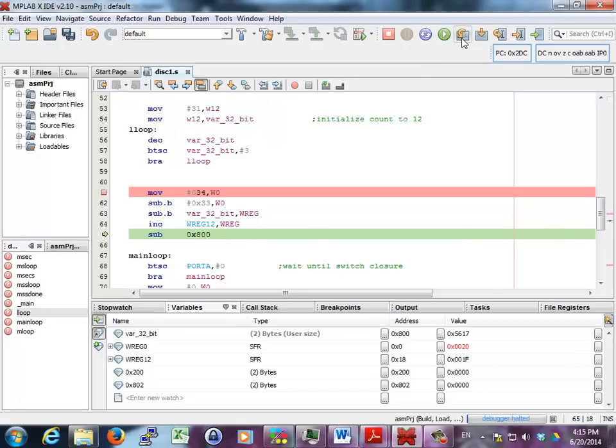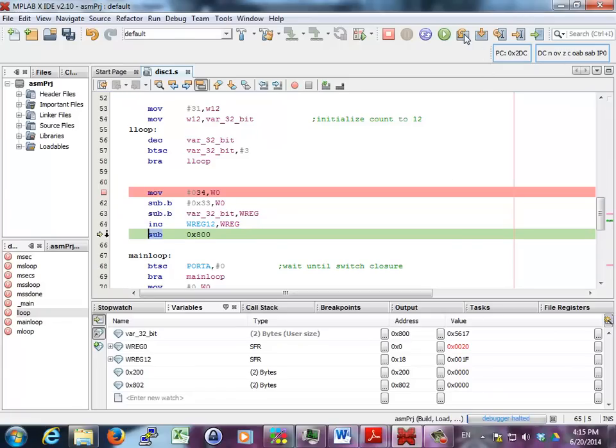And if you do the sub, take a look at wreg0, which is 0020, and var32, which is 5617. And again, this is important. When you say sub 0x800, the microcontroller is only going to see an address 800, and it's going to assume that it's a word that you're dealing with, right? A word, which is 16 bits, it doesn't know about your intentions of var32-bit to be a 32-bit entity.